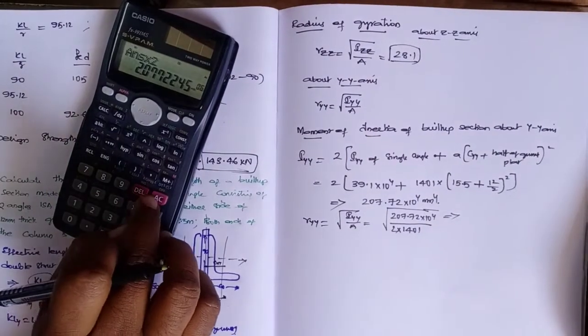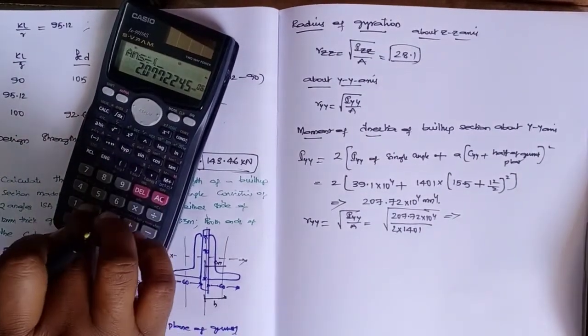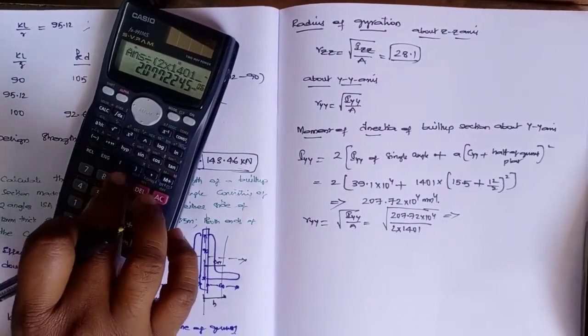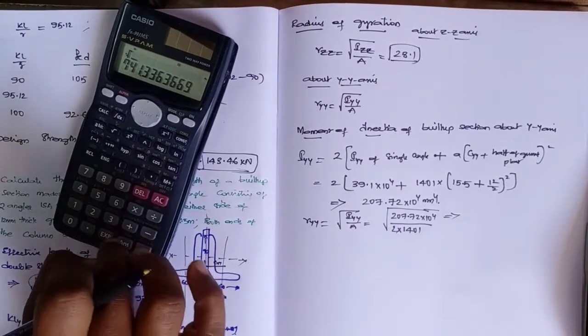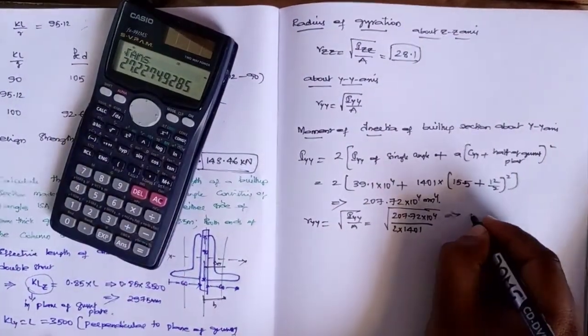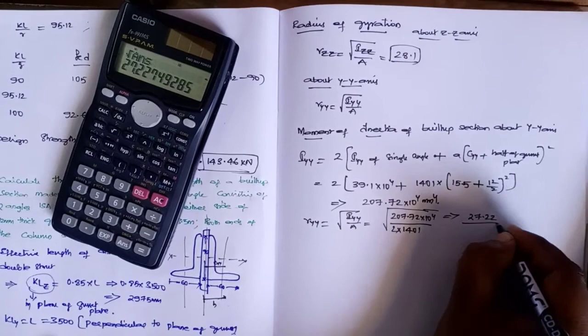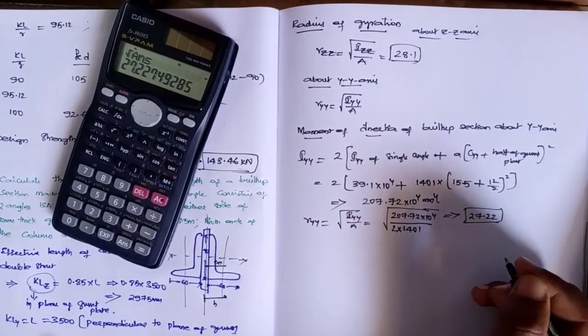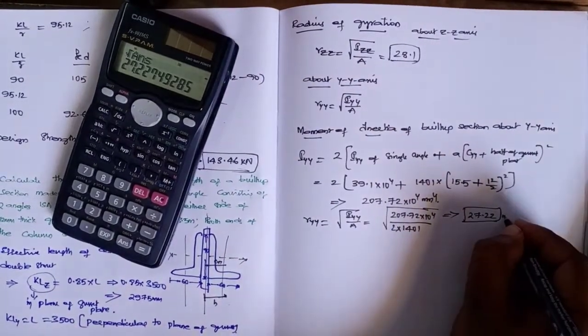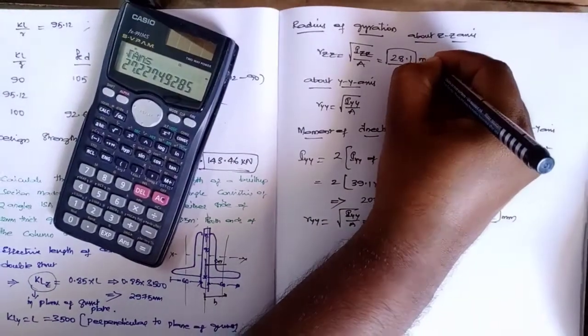So divided by 2 into 1401, root of the answer, you will get 27.22 mm.